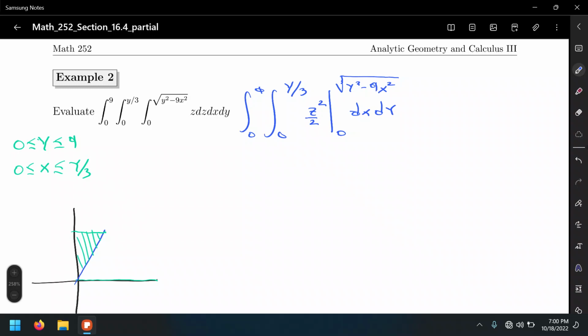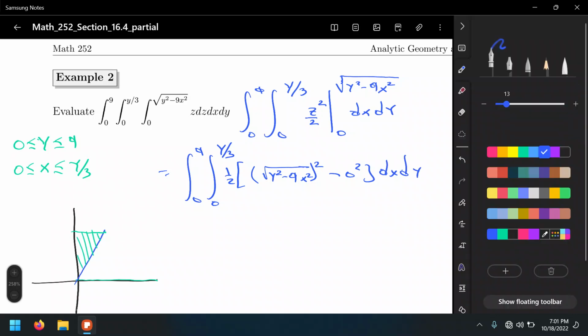So using the fundamental theorem again, from 0 to 9, from 0 to y over 3, and that's a 1/2 times the quantity z, in this case the radical squared, minus the lower limit squared, which is simply 0 squared, dx dy.